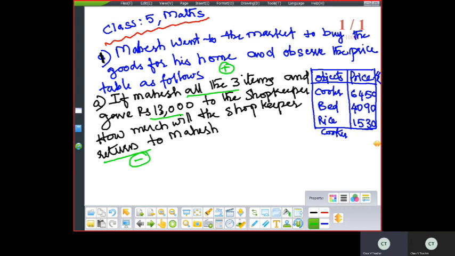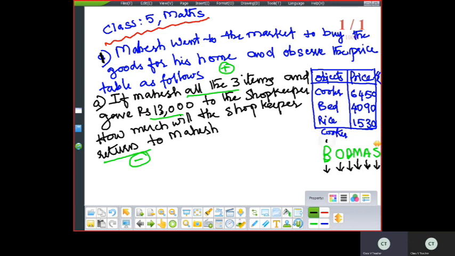Yes? So in your previous classes, you have gone through BODMAS, children. As far as I am concerned, everybody has been taught BODMAS. B means bracket, O is order, D is division, M is multiplication, A is addition, S is subtraction.